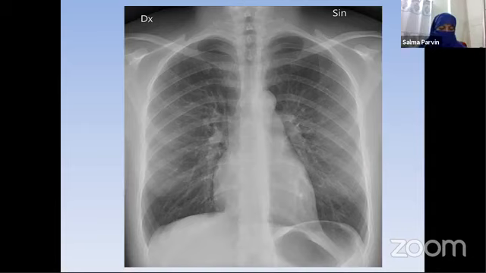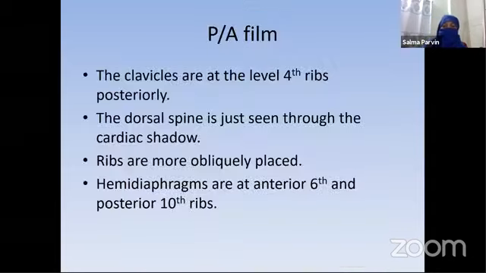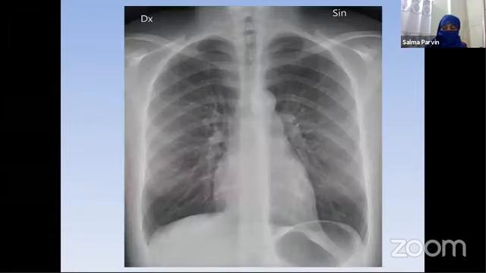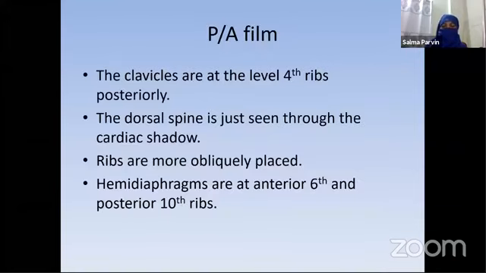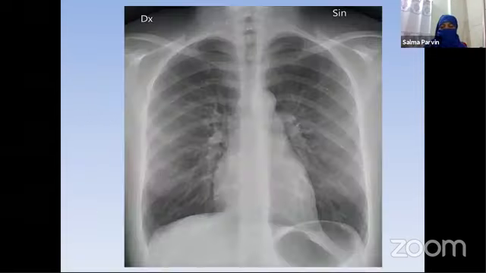So this is our PA film seen here, and in the PA film, how do we decide? The clavicles are at the level of the fourth ribs posteriorly, the dorsal spine is just seen through the cardiac shadow, the ribs are more obliquely placed, and the hemidiaphragms are at the anterior sixth and posterior 10th ribs.